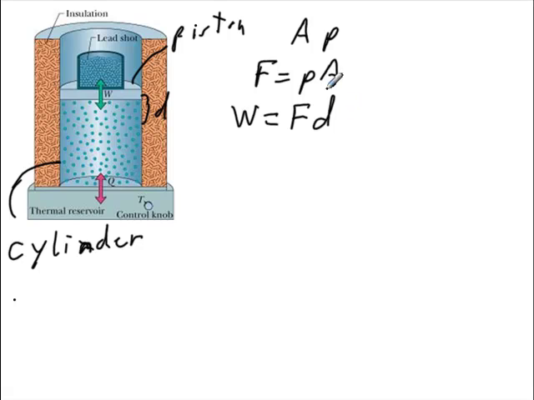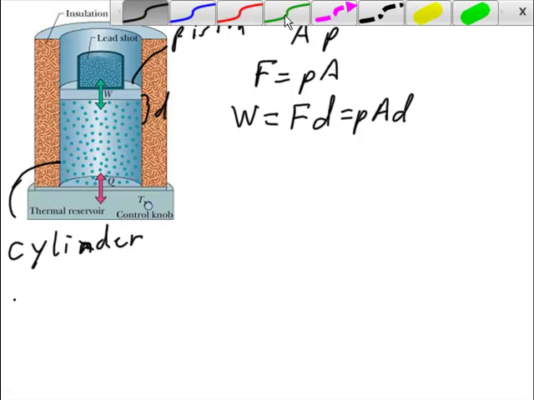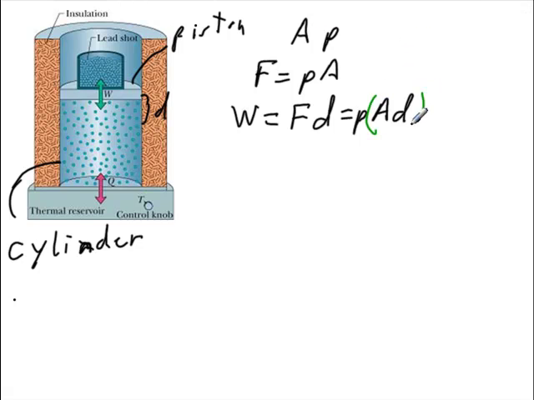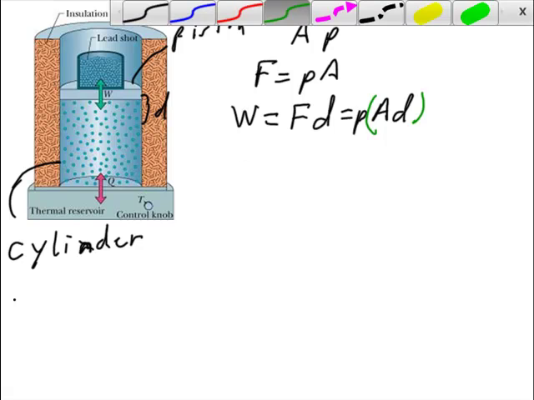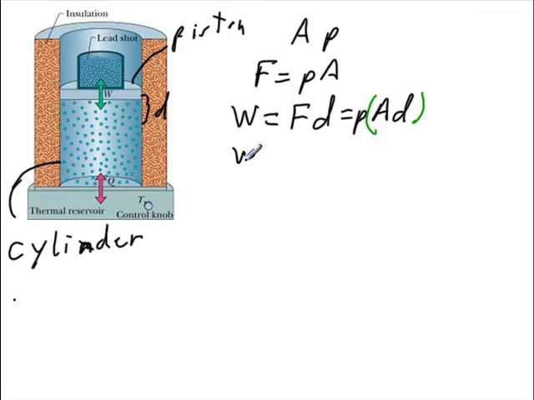But if we put in our formula for force being pressure times area and regroup, well, the area times the distance moved is just the change in volume. So it turns out we have a new formula for work, namely, work is equal to pressure times the change in volume.